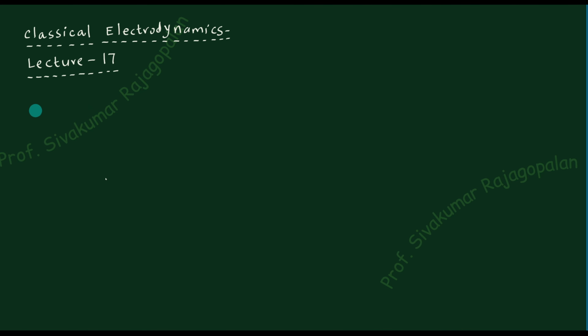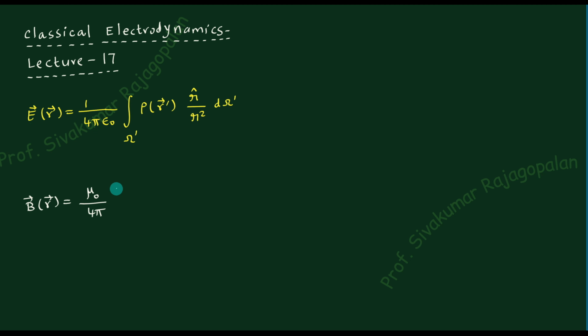So first of all, I would like to write down the electric field, because that is the expression which you are familiar with. Namely, Coulomb's law, I am going to write down in the integral form. And once you have this, we are going to write down a similar expression for the magnetic field, namely the Biot-Savart law. So now the constant is mu naught by 4 pi.